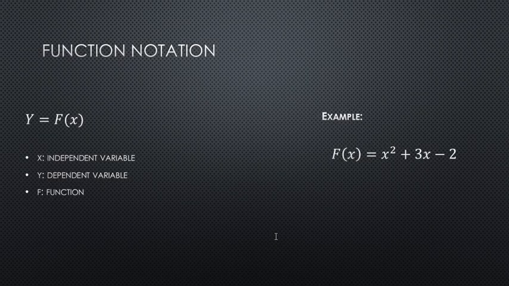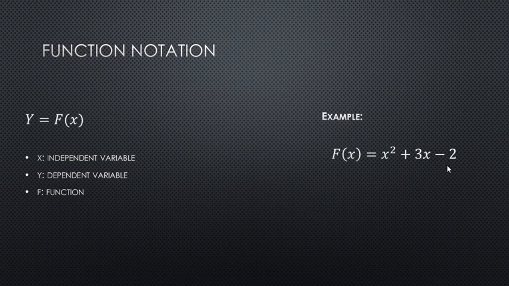Okay, now let's look more carefully at function notation. When we write y equals f of x, x is usually called the independent variable. The value of y depends on x, so y is called the dependent variable. And f represents the function itself. For example, suppose we have f of x equals x squared plus 3x minus 2.